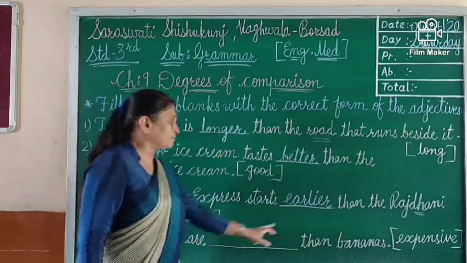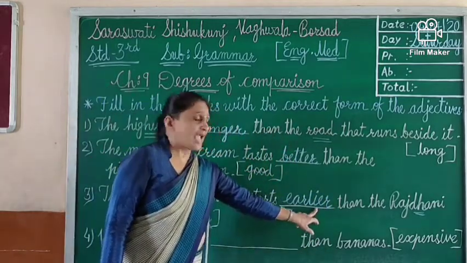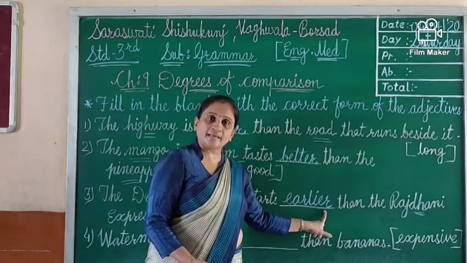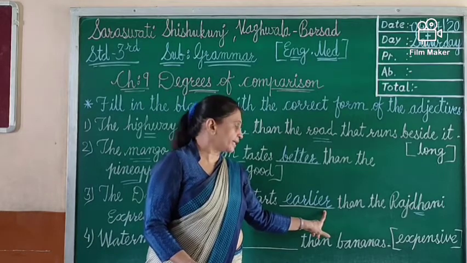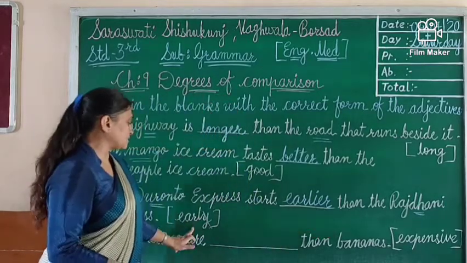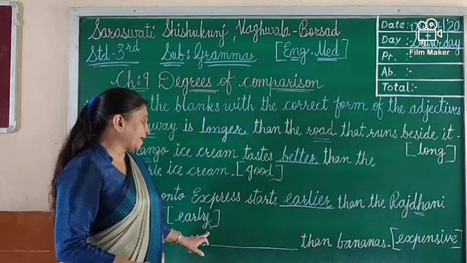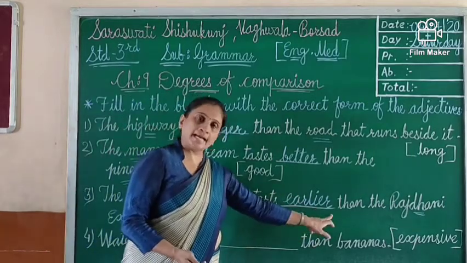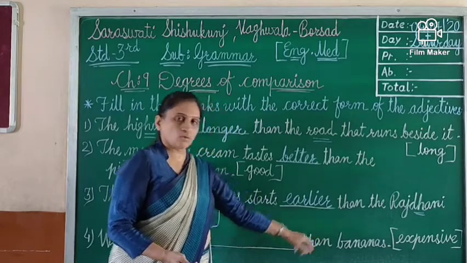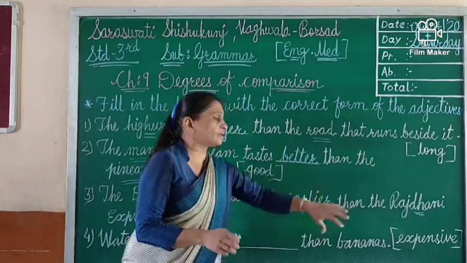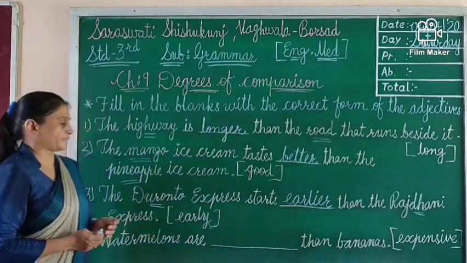Instead of Y, we will write I, and already we are adding ER in the comparative degree, right? So the answer will totally change this way. Instead of Y, we write I and add ER: earlier. So the answer will be: the Duronto Express starts earlier than the Rajdhani Express.